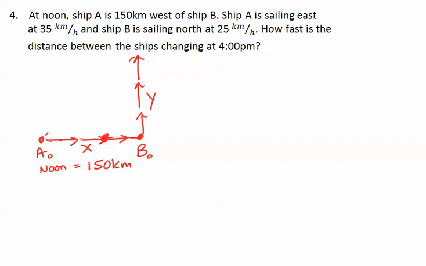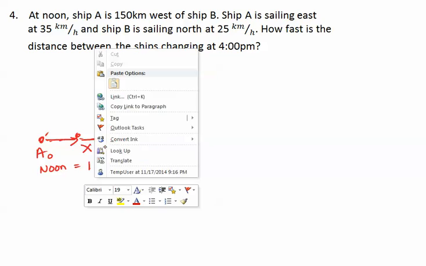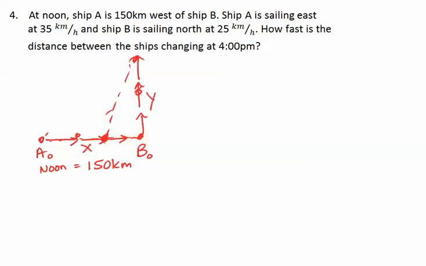So for example, at some point in time, this will be our hypotenuse Z. At another point in time, this might be our hypotenuse Z. So we're just drawing one representative right triangle. So the distance between the two ships, wherever they are, at some time A might be here and B might be here. So Z represents the hypotenuse of our right triangle in any case.